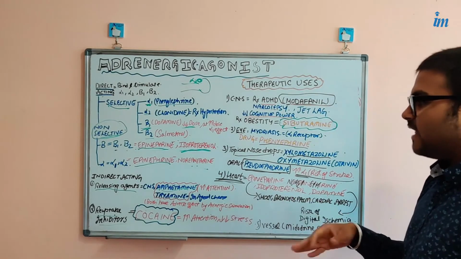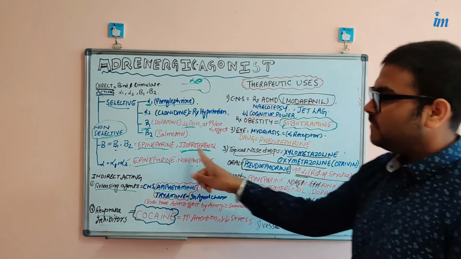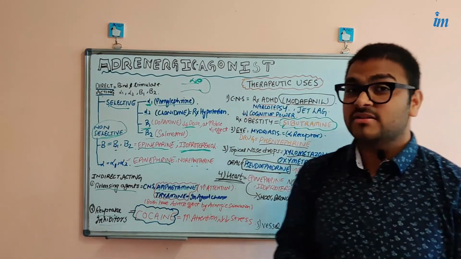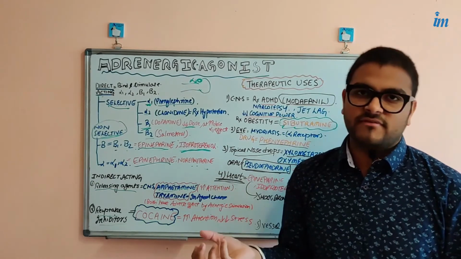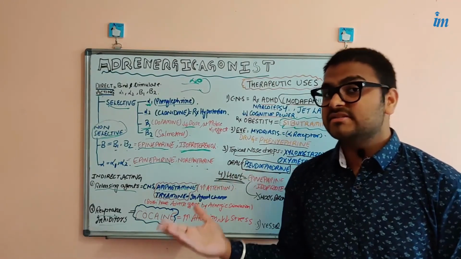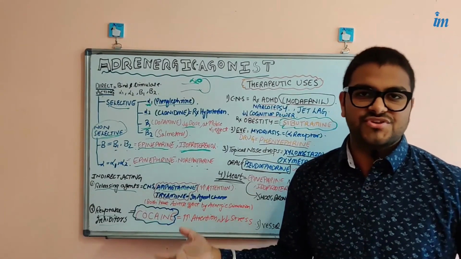Then we have isoproterenol. Isoproterenol is also beta 1 and beta 2, but it does not have alpha 1 effect. So it can be used in the treatment of heart failure, when the heart is not able to pump, in severe bradycardia, or if your bronchi are constricted for any reason.